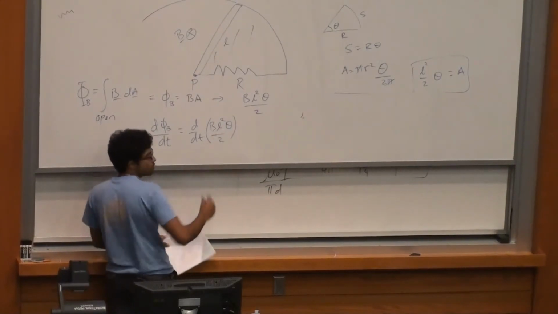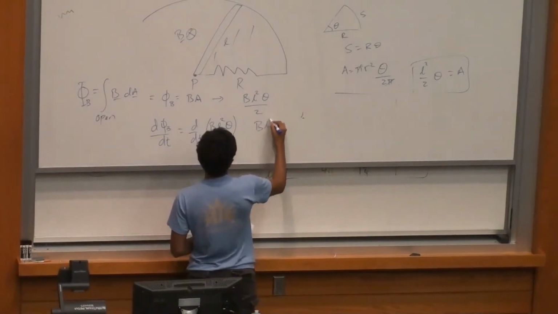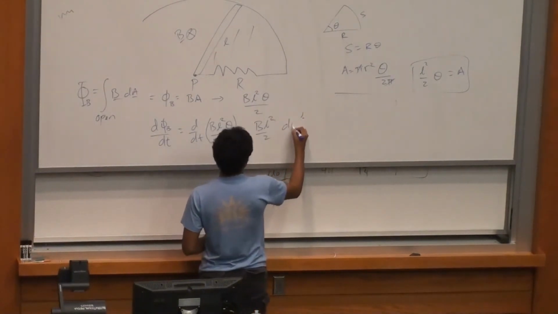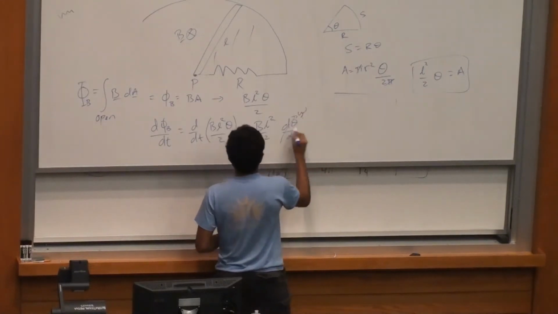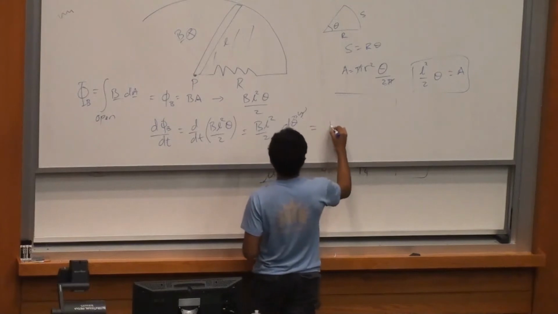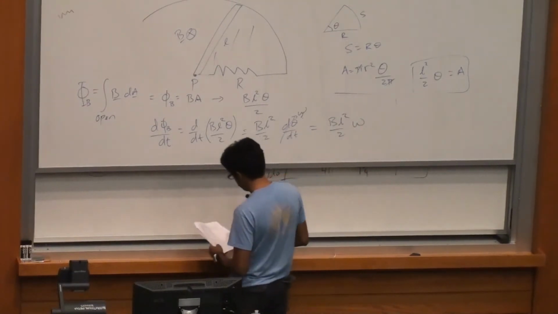Now theta changes, so what I get here is B L squared over 2 times d theta over dt. This is basically omega, so this equals B L squared over 2 omega.